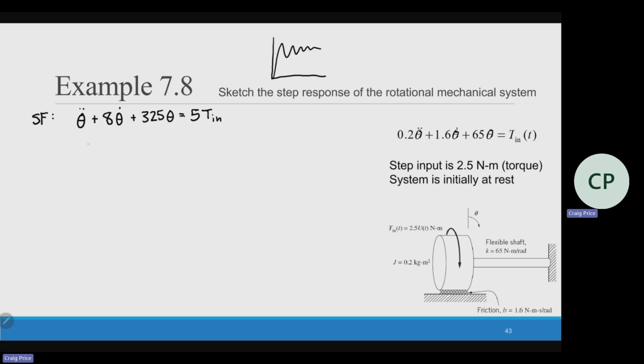So with 325, natural frequency is equal to the square root of 325. That's going to give us our value in radians per second. We'll do that in our head real fast: 18.03 radians per second as a natural frequency.